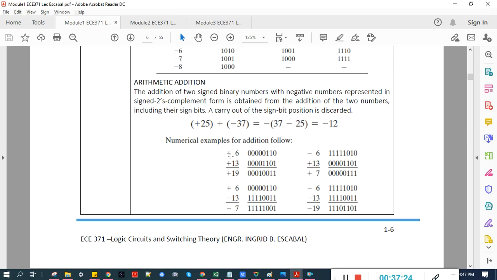And in binary, 6 is 110. Positive 13 in binary is 1101. You should know this. 13 is 1101.